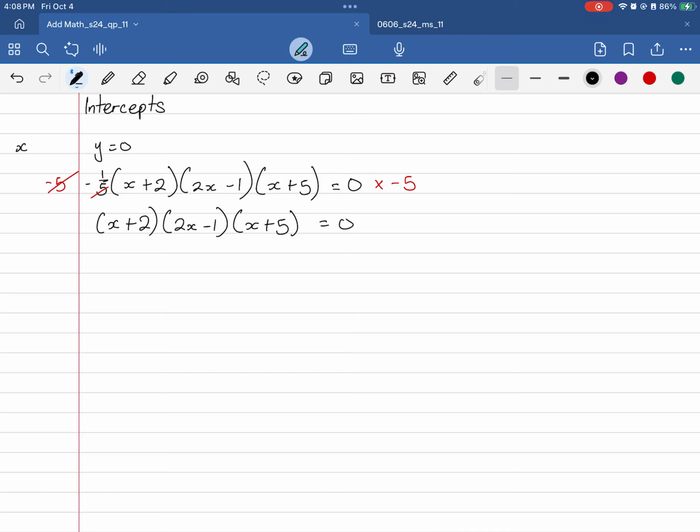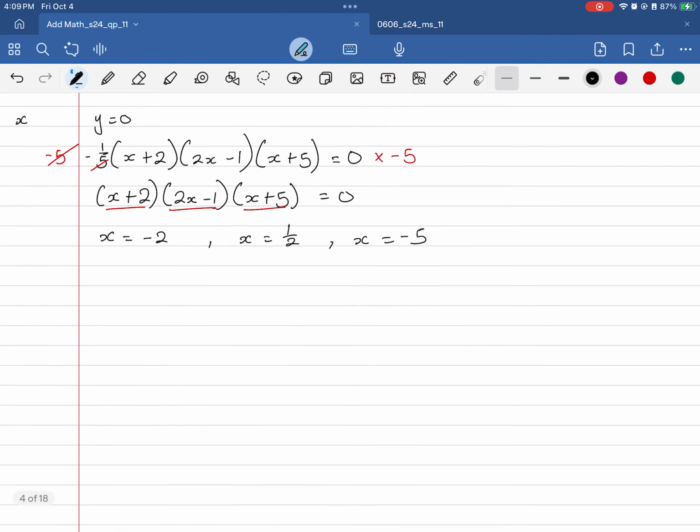Now for each of these to be true, each bracket has to be equals to 0. So that means that your x equals minus 2, or x equals 1 over 2, or x equals minus 5. Those are your three x values.